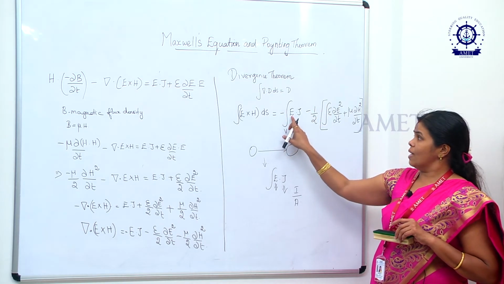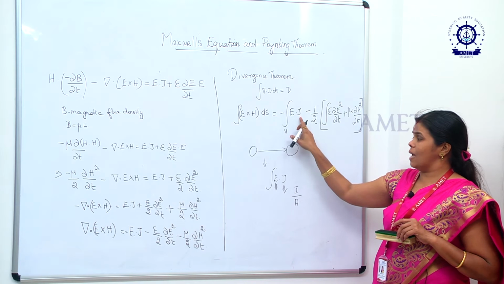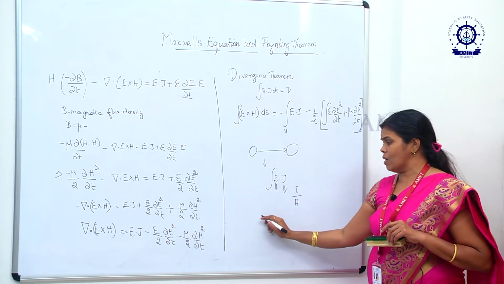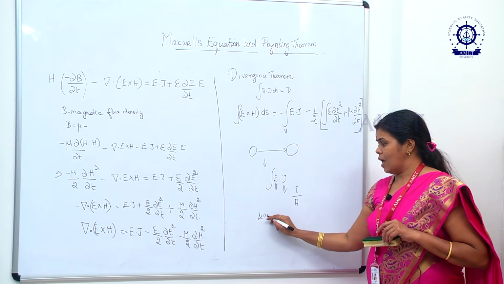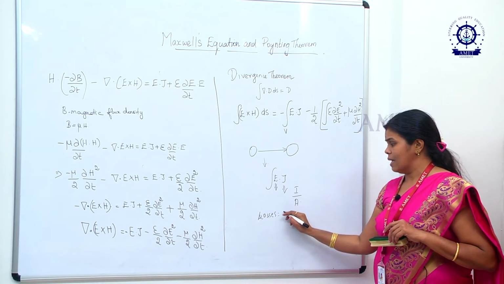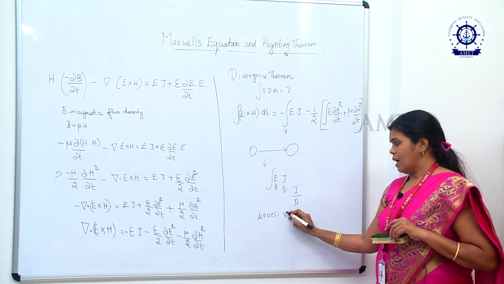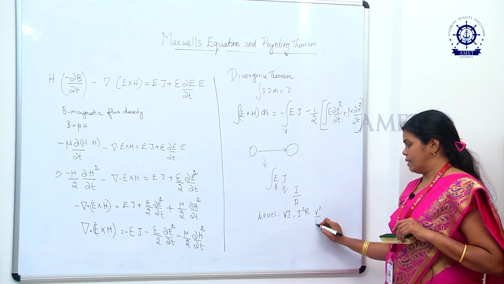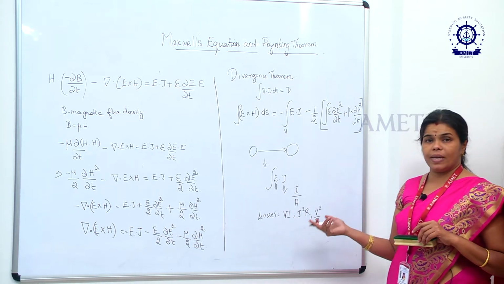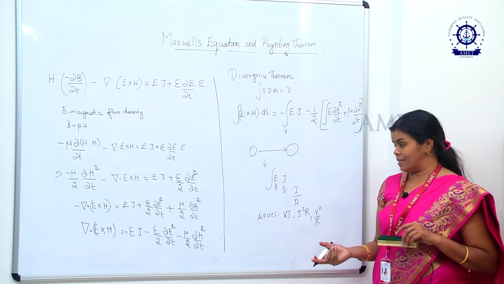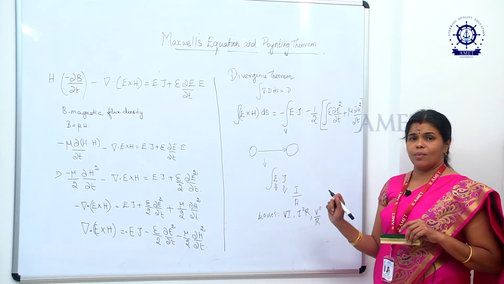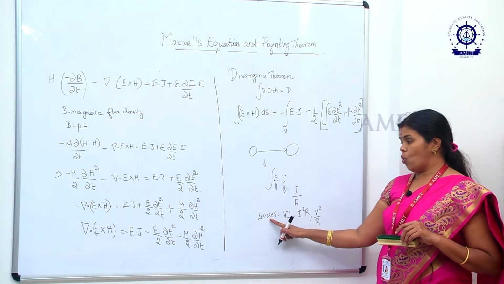So in the Poynting theorem we are having this E dot J. E dot J involves the current density. We know what the ohmic losses are. Losses can be written as either I square R, or V into I, or V square by R. Any of the three terms we can use for explaining the losses. In this expression we are talking about the wave, and the wave is having ohmic losses.